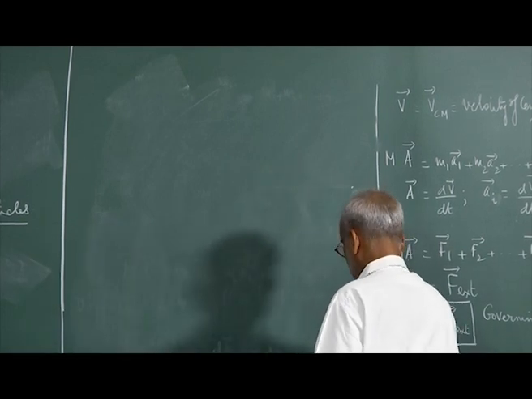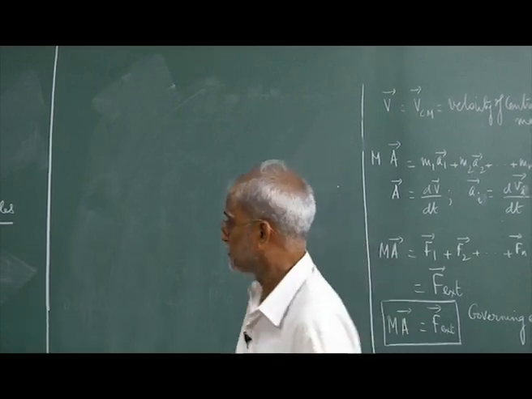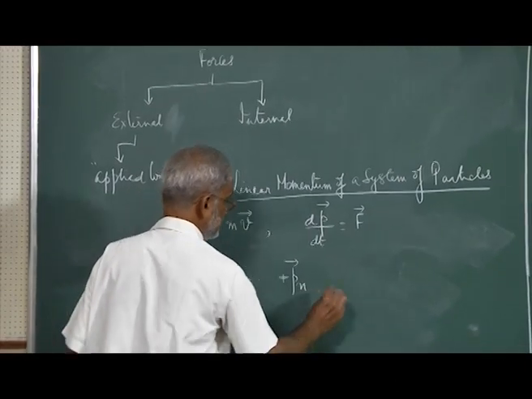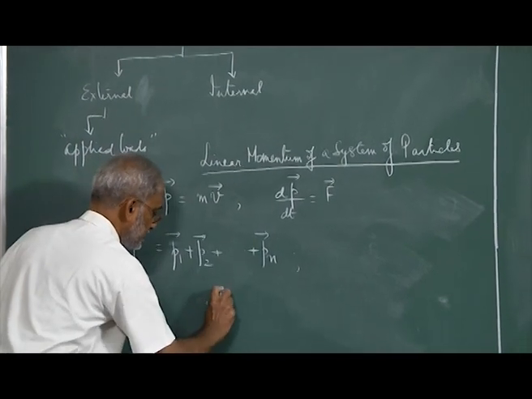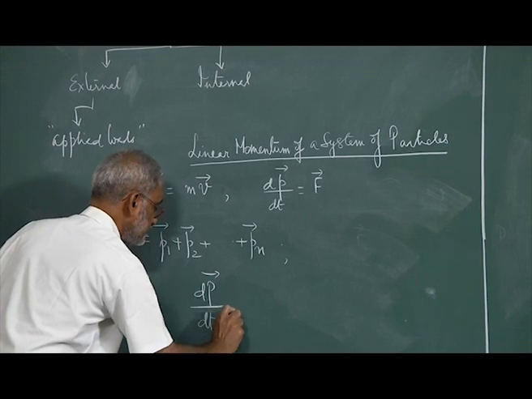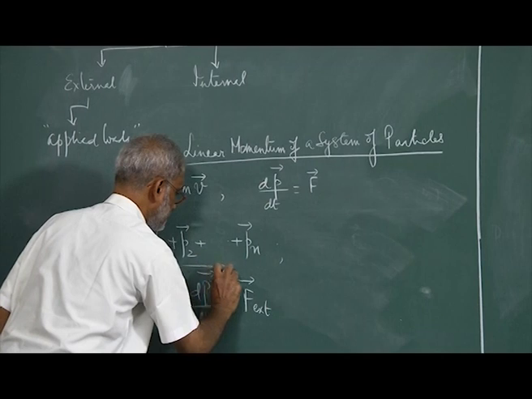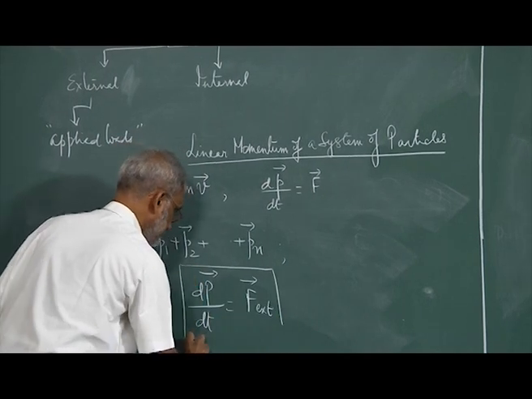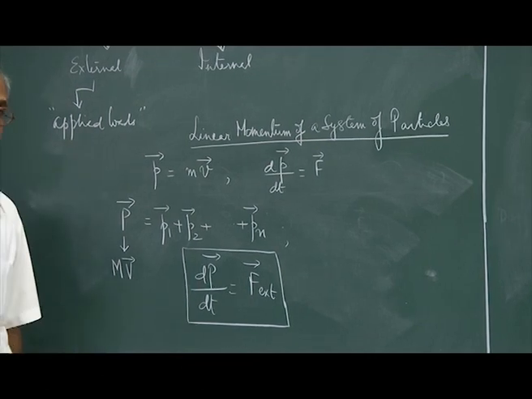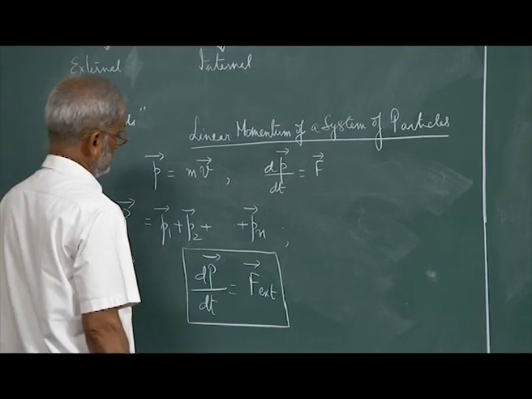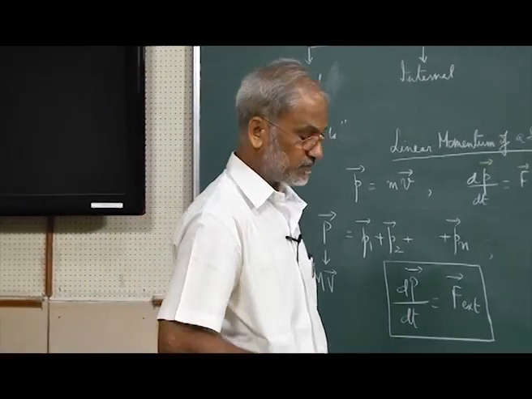If there are no external forces. So, from this equation I can get dP by dt, this is the so called equation of motion for the center of mass. Now, we can get very relevant and useful information from this.